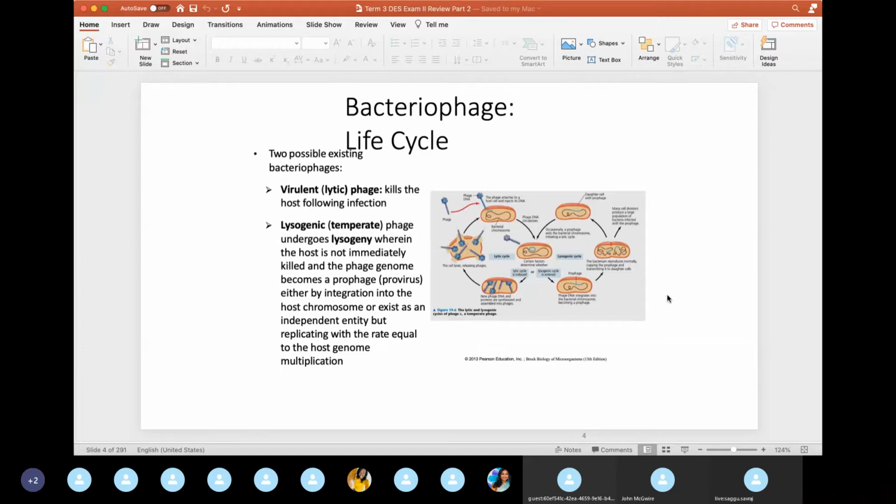There is integration into the host chromosome, or that cell exists as an independent entity, but the virus is replicating inside that cell. So you don't kill the cell at an instant. Contrast this with lytic, where you kill the host following the infection. So virulent, lytic; lysogenic, temperate.